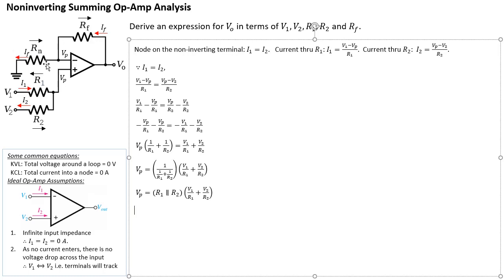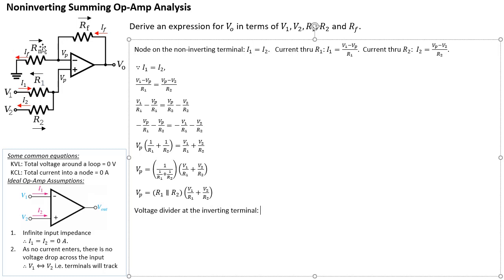So since they are in series, and then I have a VP here and a VO at the top, on the right, but at the top of these two resistors, they effectively become a voltage divider. So I can write voltage divider at the inverting terminal.